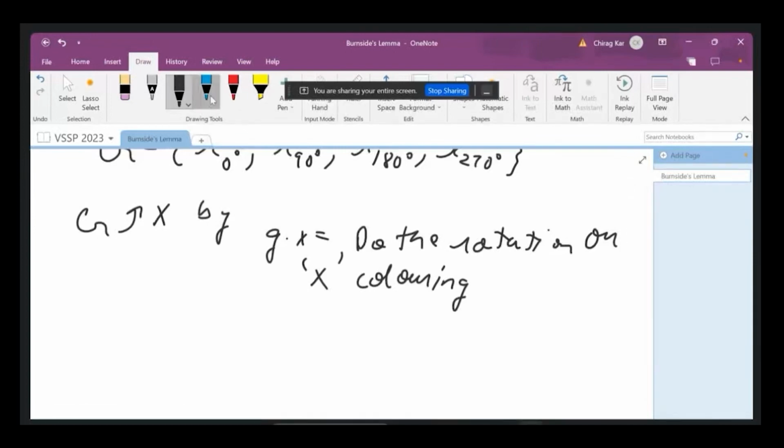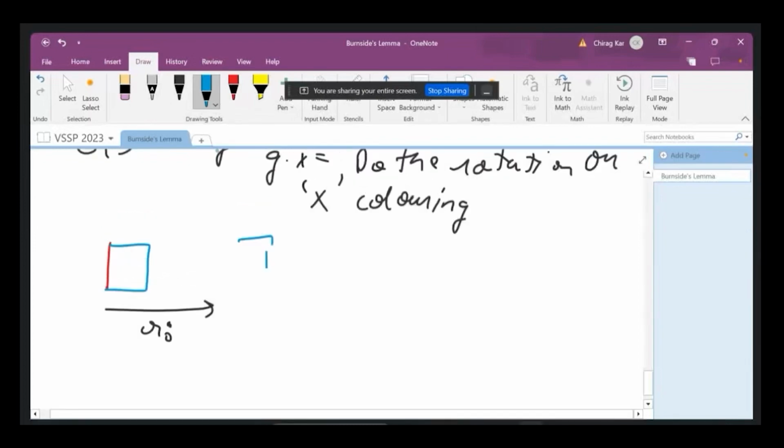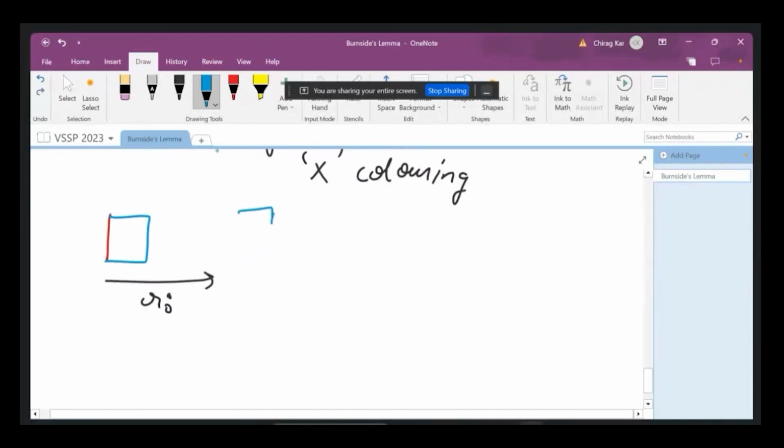So to give you an example again, suppose I had started off with this one. Then, for example, the R0 rotation. Suppose I was rotating it by the R0 rotation, that would just be this guy, the exact same coloring.